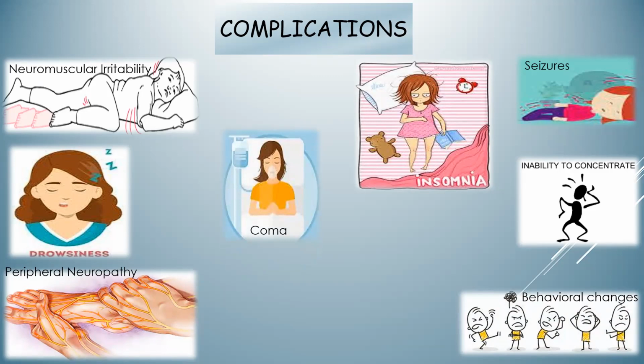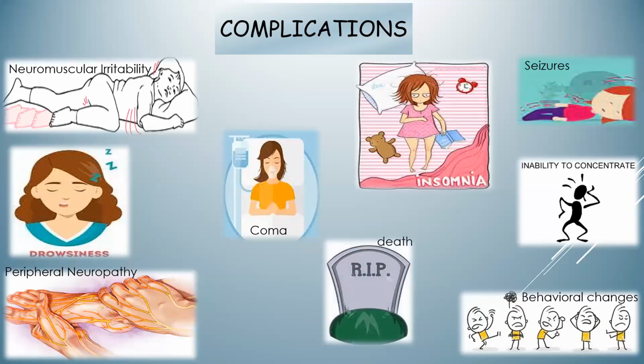Coma is a prolonged period of unconsciousness, and ultimately it can lead to death, which, as we all know, is the permanent, irreversible cessation of all the biological functions that sustain a living organism.